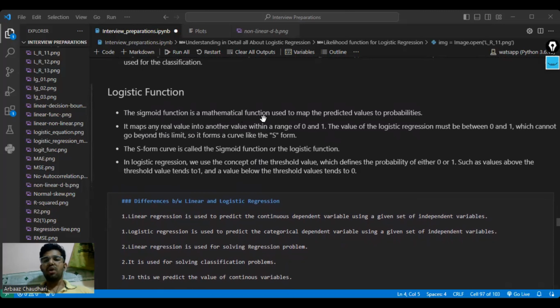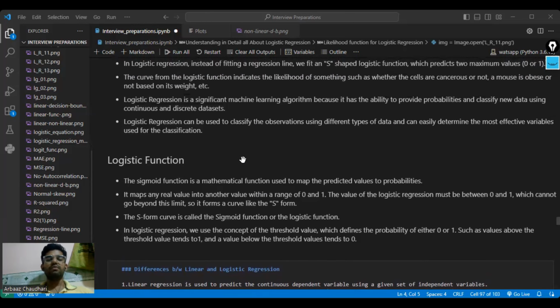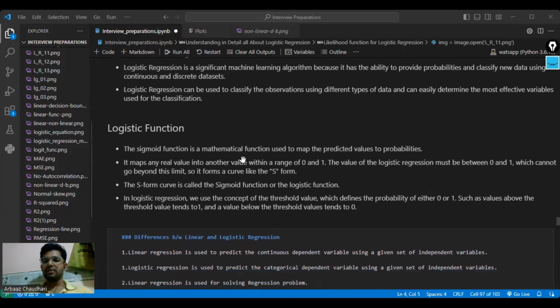The value of the logistic regression must be between 0 and 1, which cannot go beyond this limit. So it forms an S curve. In linear regression, we were fitting a straight best fit line. But in logistic regression, it would be the S-shaped curve. Because of the S-shaped curve, we are getting the values in the range of 0 to 1.